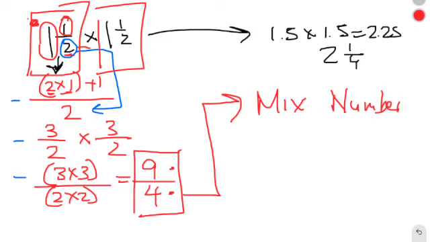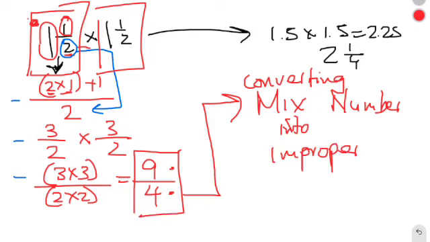Okay, so converting a mixed number into an improper fraction. Let's do one more example of multiplying a mixed number.